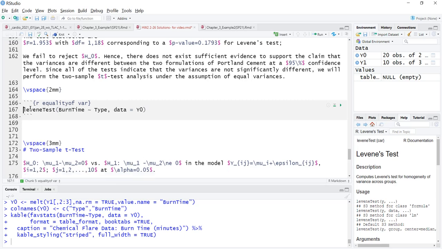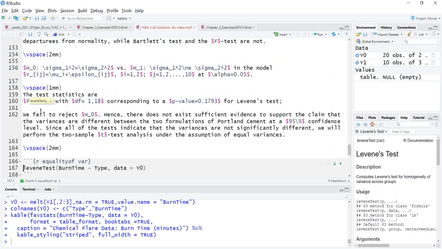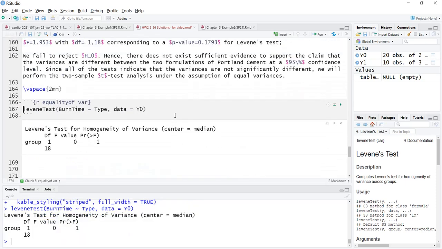So I'm just going to do that. And so I run this, and I need to, let's see, Levene test. So what did I do?